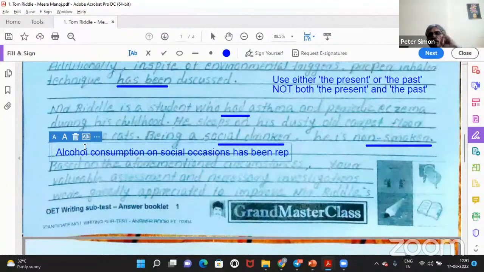Being a social drinker, he is non-smoker: that is 7 words. Remove "he is non-smoker." Alcohol consumption on social occasions has been reported: 8 words. Finished. Change the style, change the quality, change the presentation.